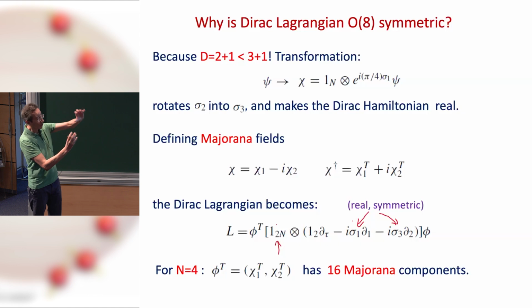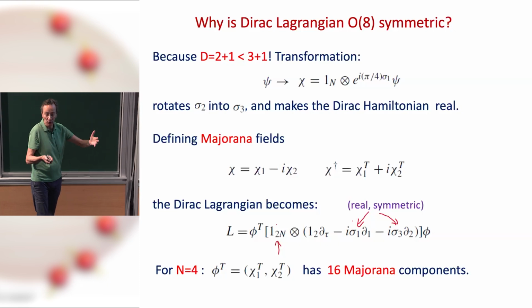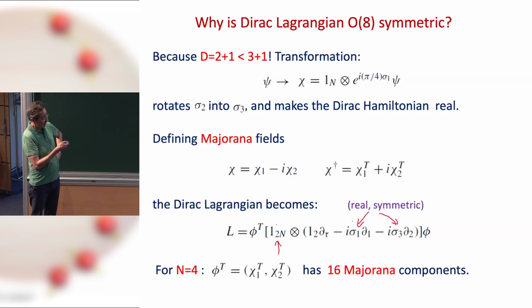So I can stack them on top of each other into some new real field, which will have, of course, the same total number of components, 16, but Majorana reals. And the effect of this, because they are decoupled, will be to enlarge the dimension of the matrix in front, from the unit matrix, which was, let's say, 4-dimensional, into an 8-dimensional unit matrix.